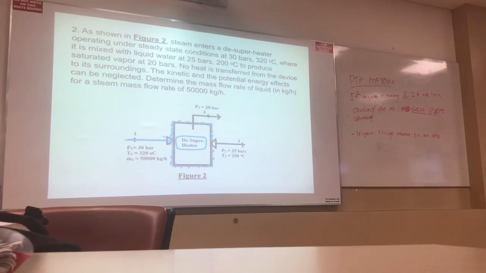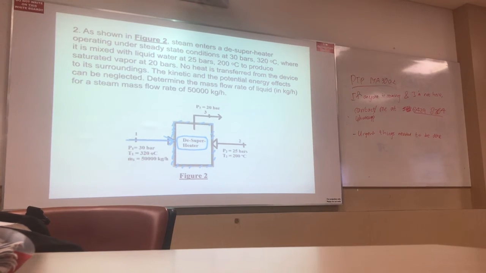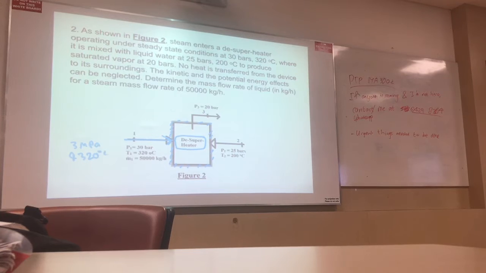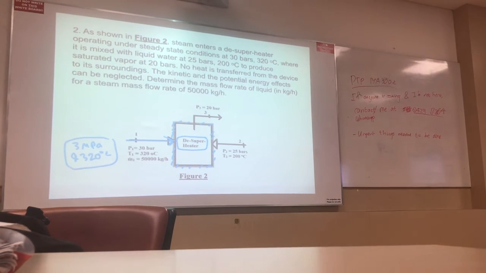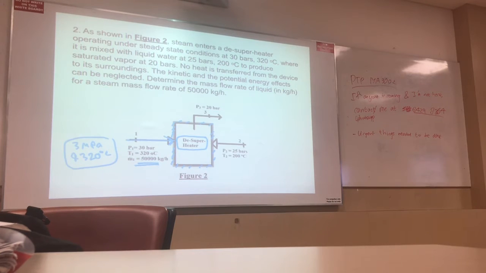Alright. So this amount of fluid enters into the system. What amount of fluid? 30 bar means 3 megapascal, with 320 degrees Celsius. This fluid enters the system with a mass flow rate of 50,000 kilogram per hour.